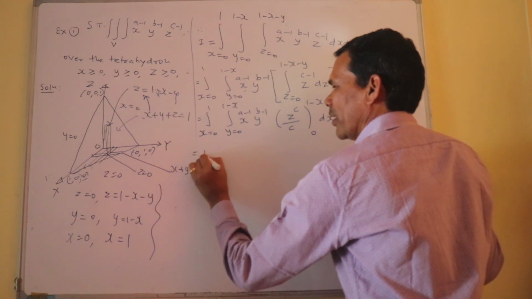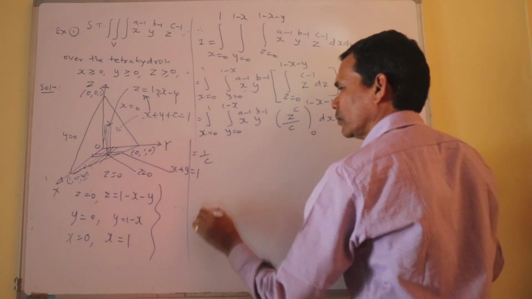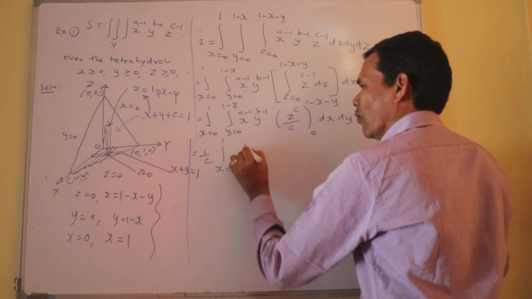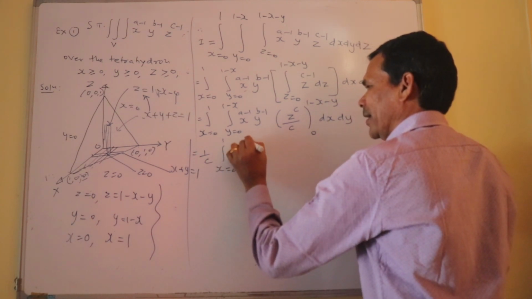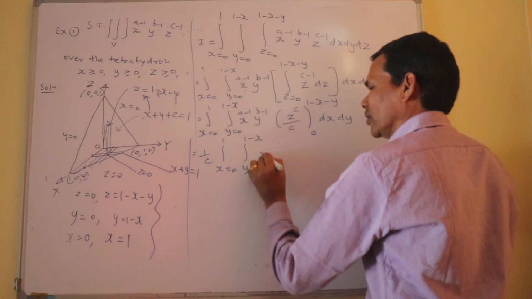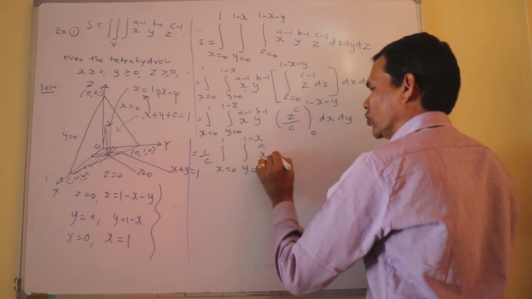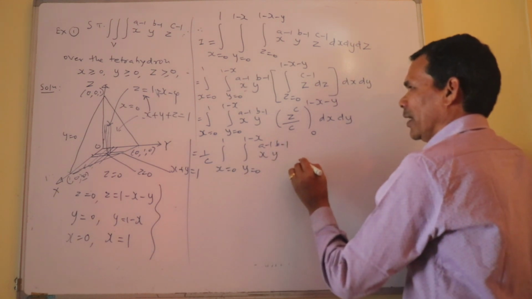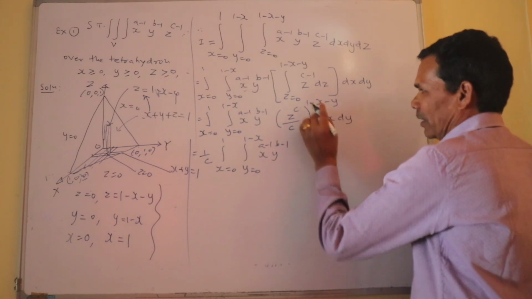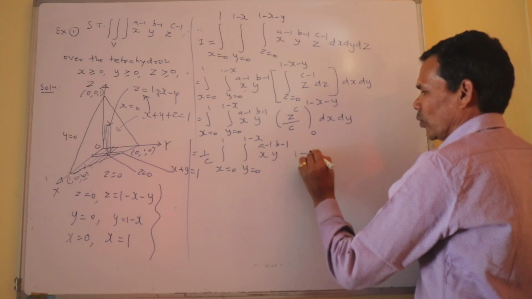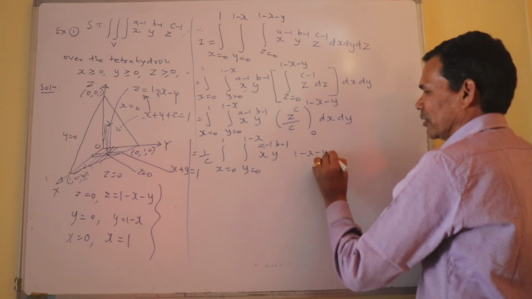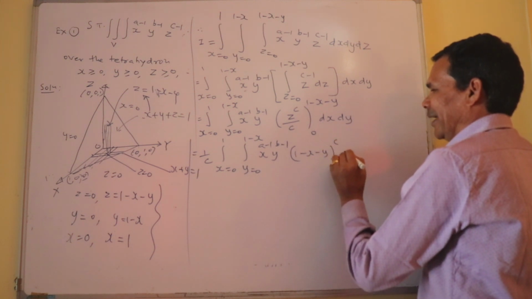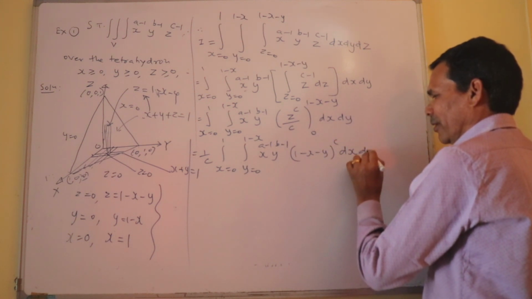So it is 1 upon c, x from 0 to 1, y from 0 to 1 minus x, and x raised to a minus 1, y raised to b minus 1, and for z we replace the upper limit, so it is (1 minus x minus y) raised to c into dx dy.